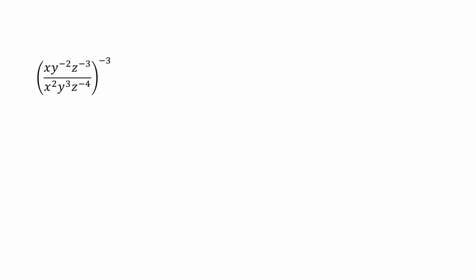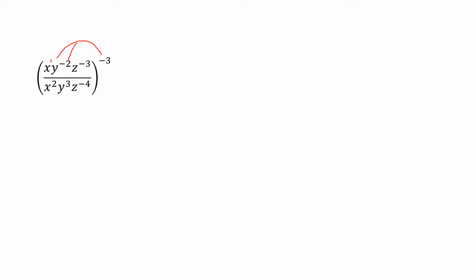Now, if we look at this question, we have x, y, z as bases both in the numerator and the denominator. First of all, we use the rule that power will be multiplied into power.